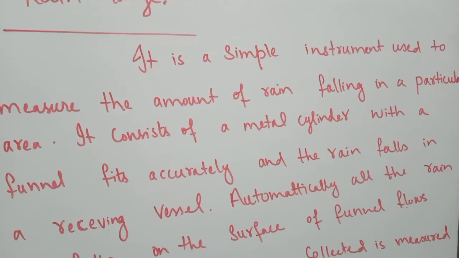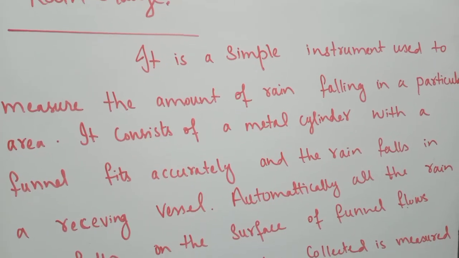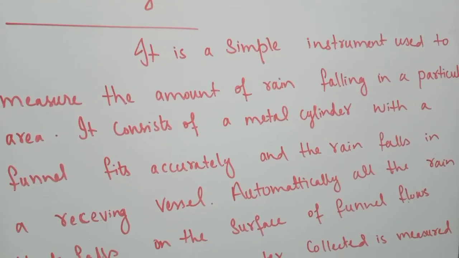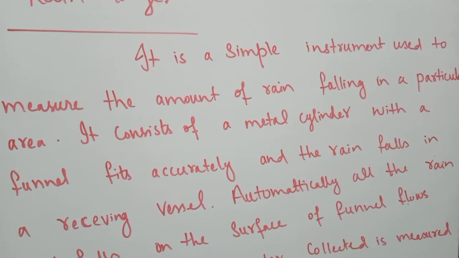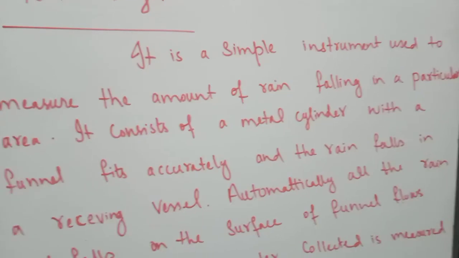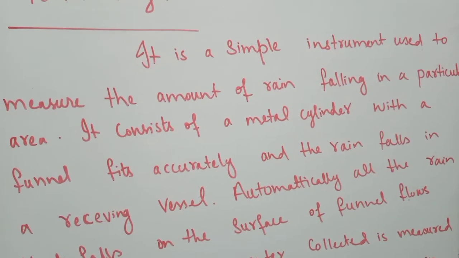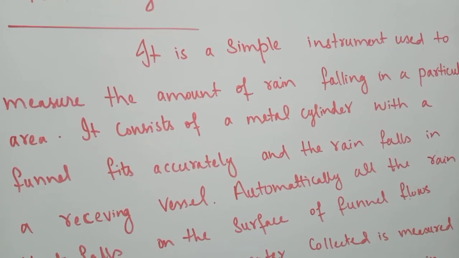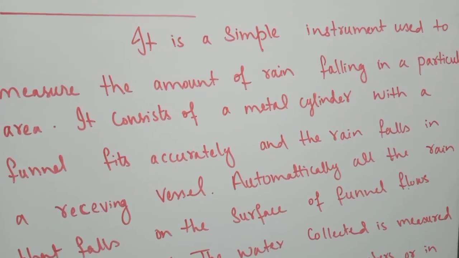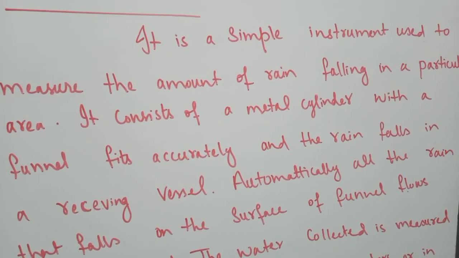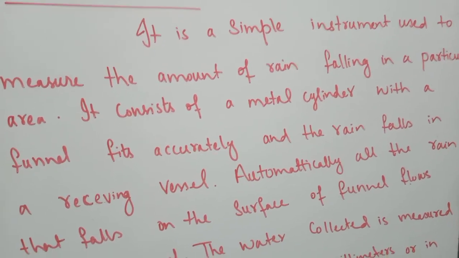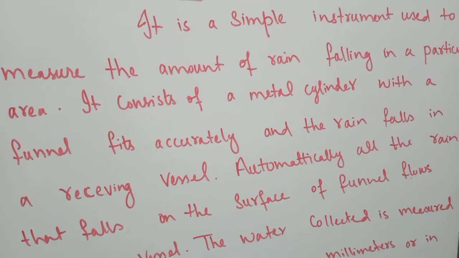It consists of a metal cylinder with a funnel attached that fits exactly into it. If it does not fit exactly and completely, some of the drops could fall into other places. So there is a need to fit the funnel accurately, and the rainfall falls into the receiving vessel. All the rainfall is recorded and measured automatically.